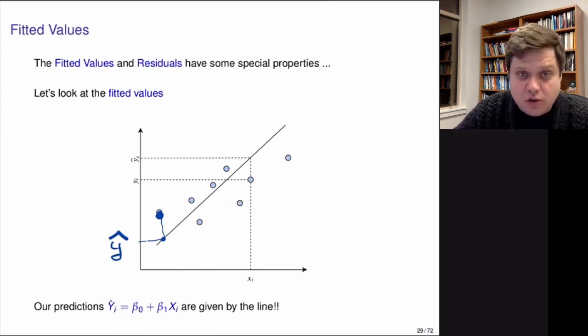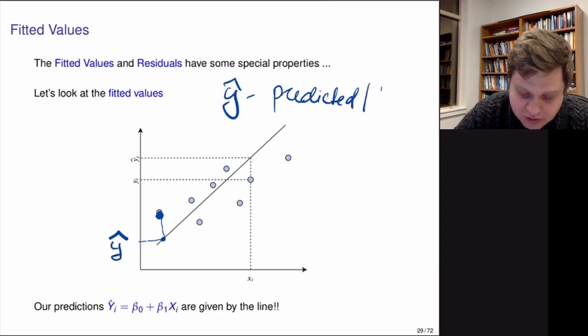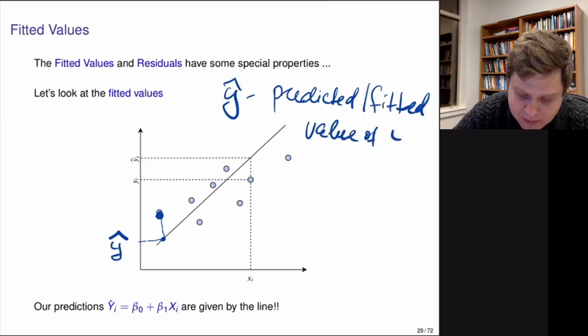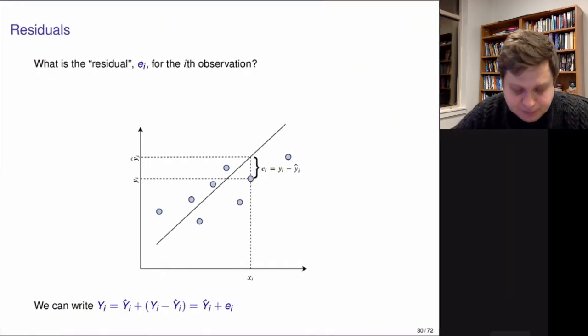We call it prediction or fitted value. So y hat is the predicted, or another word for it, fitted value of y. Okay, so y hat is something that comes out of the model.